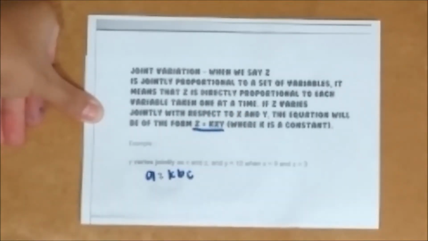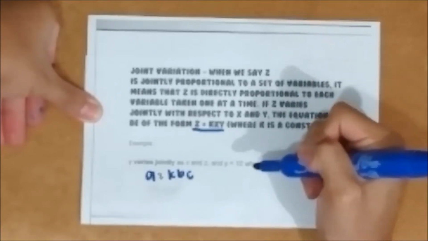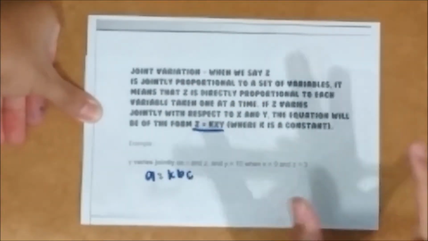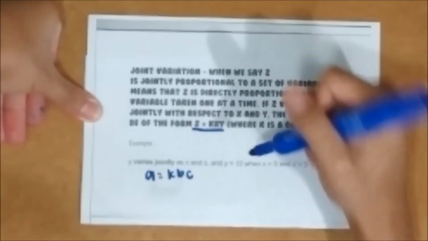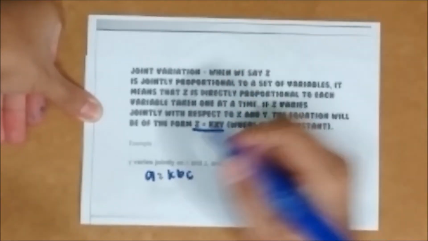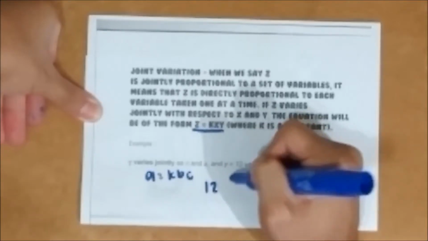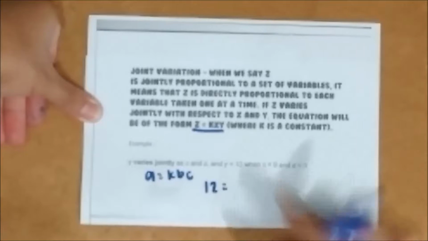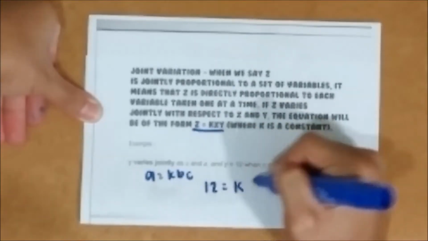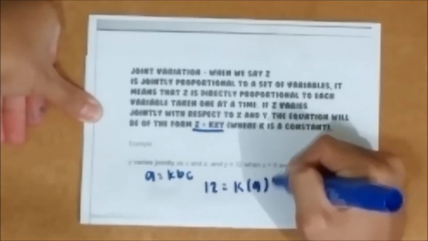You just multiply the numbers together, or you just kind of merge them together. And now we substitute. Y 12 equals k, 9, 3.